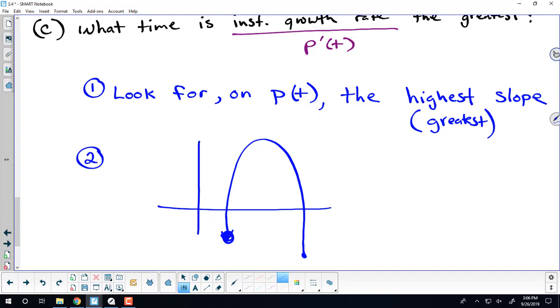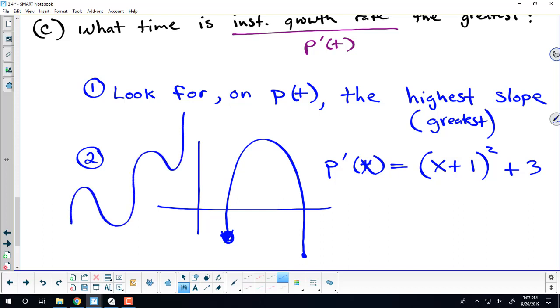You say, well, my population growth function is just some quadratic, and then you could say, well, how do I find the maximum of a quadratic? I just find its vertex, right? If this were something more complex, like a function like this, how do you find the maximum there?